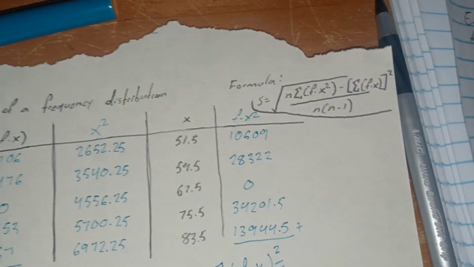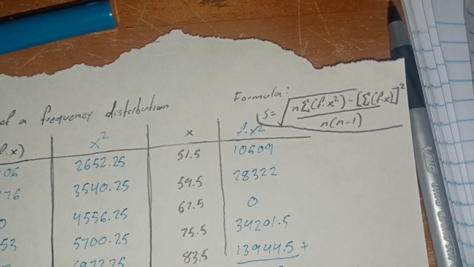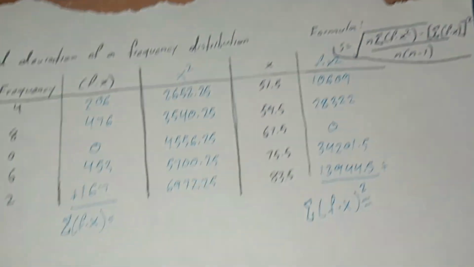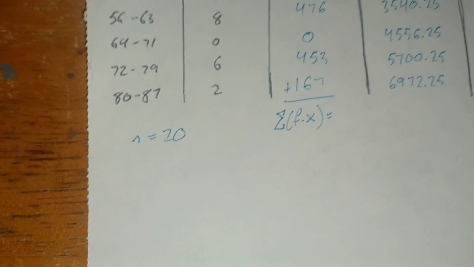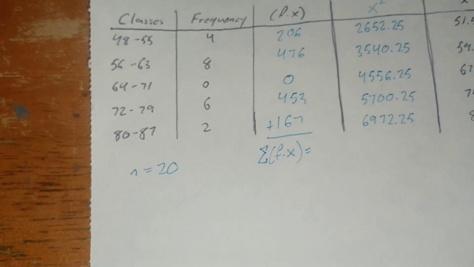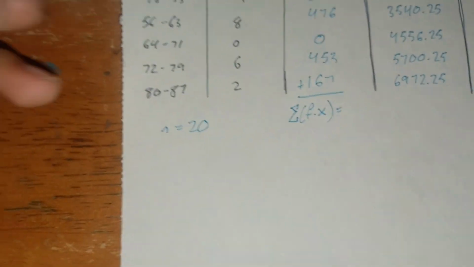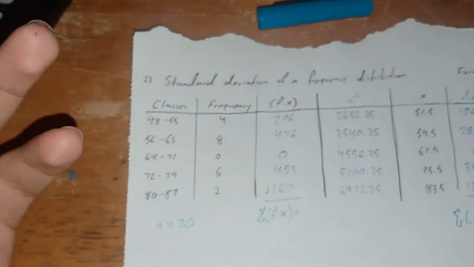And it wants n. Obviously n is our sample size. n is equal to 20, because this represents the heights of 20 students in a math course, and if you add f together, it equals 20.